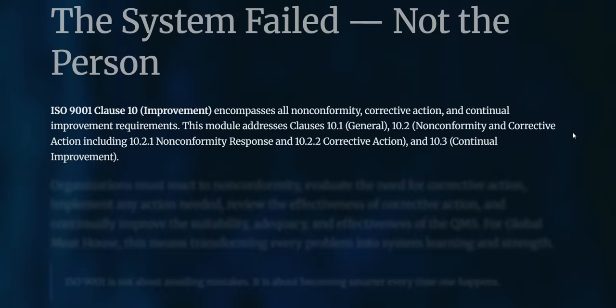This Module 7 addresses Clause 10.1, which is general, and also Clause 10.2, which is nonconformity and corrective actions. In Clause 10.2, we will include Clause 10.2.1, which is nonconformity responses, and we will also cover Clause 10.2.2, which is corrective actions. And then we will also cover Clause 10.3, which is continual improvement.